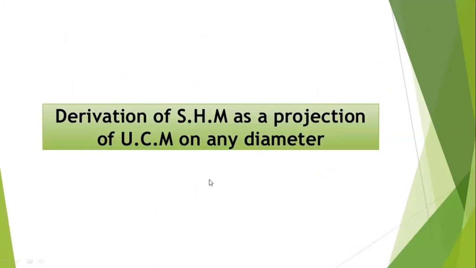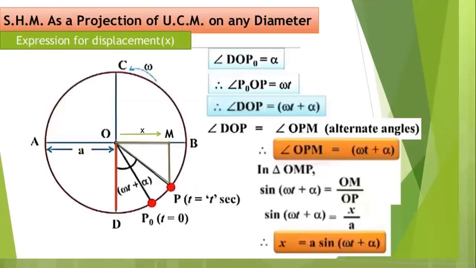Next concept, the derivation of simple harmonic motion as a projection of uniform circular motion. When a particle is in uniform circular motion, the line joining the particle and the point M moves along the two extreme points of the diameter, that is between A and B. According to this diagram, calculate the angle after time t, which is omega t plus alpha.